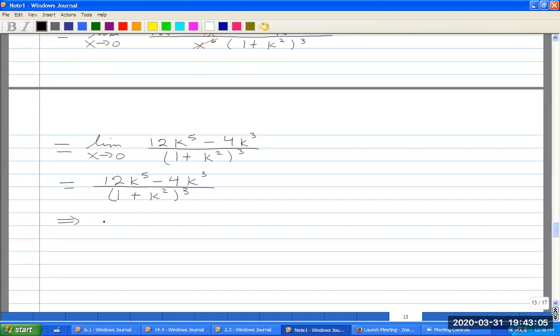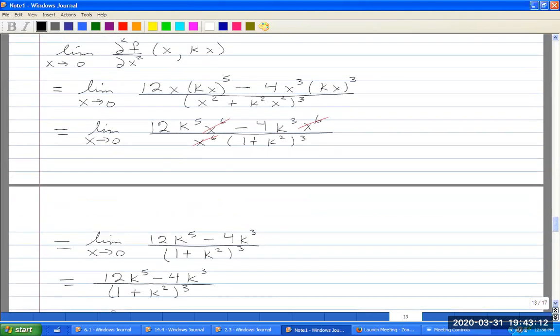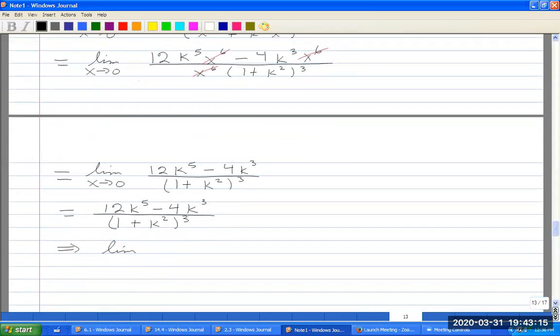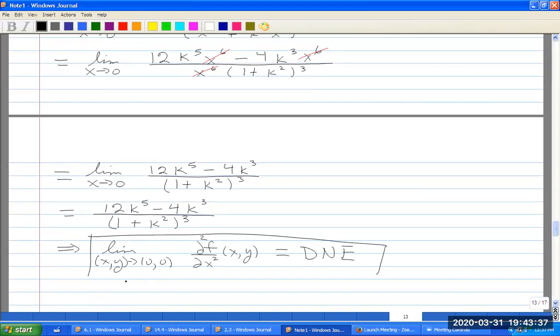And so the limit, as you approach the origin, of the second partial, that this limit here does not exist. Okay.